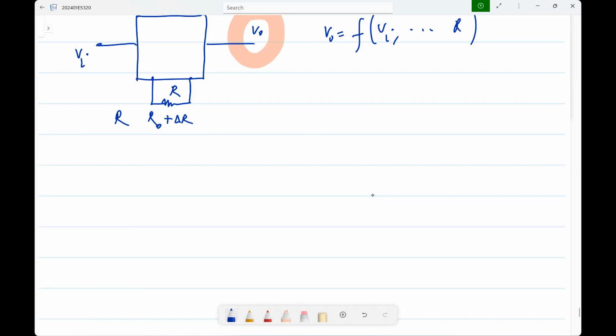So, you may have heard of this. Have you heard of this substitution theorem? What is it?